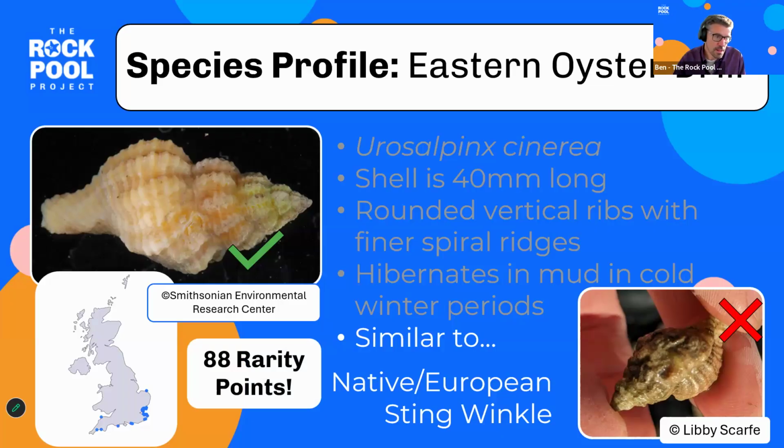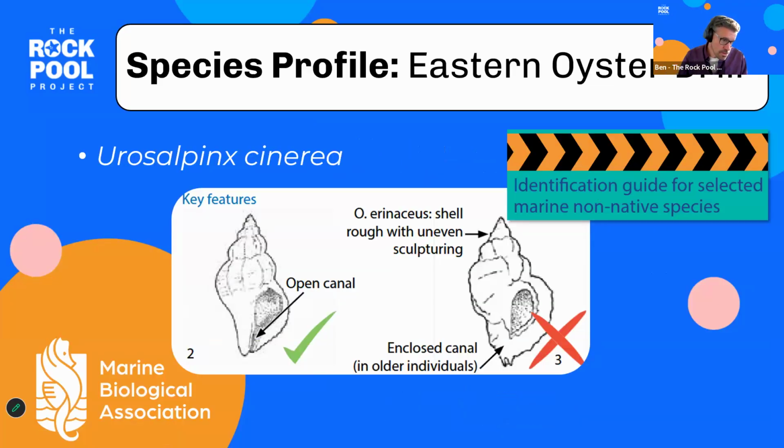This is a screenshot from the MBA guide for this species because it is a tricky one. What we have here is showing that they both have a canal at the bottom of their shell, which is like an opening that goes down to the bottom.